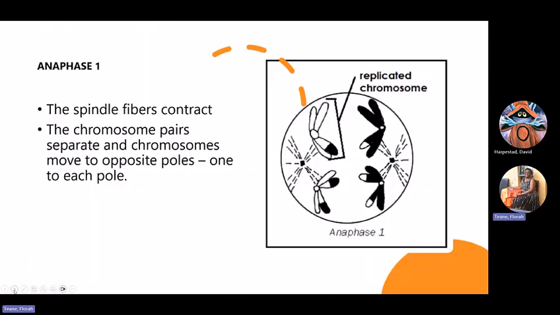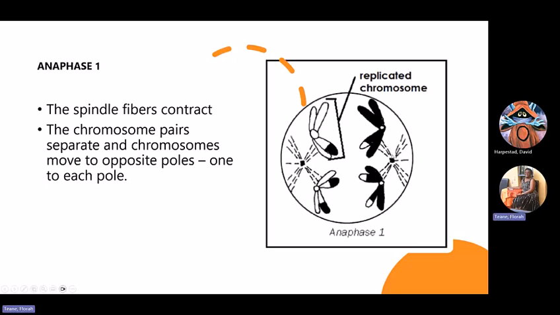Right? Another phase of division in the first meiotic division is the anaphase. We call it anaphase 1 to indicate that this happens during the first meiotic division. See what happens now.